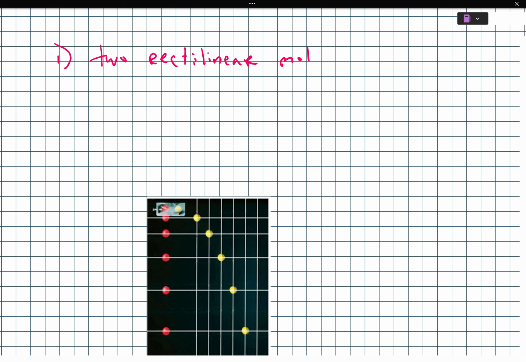One in the horizontal direction, experiencing zero acceleration, and the other in the vertical direction, experiencing constant acceleration from gravity.